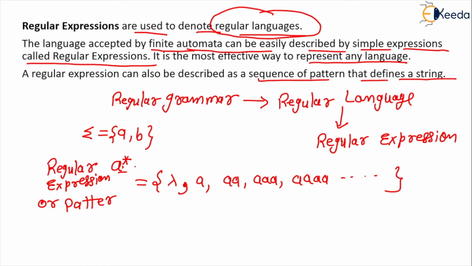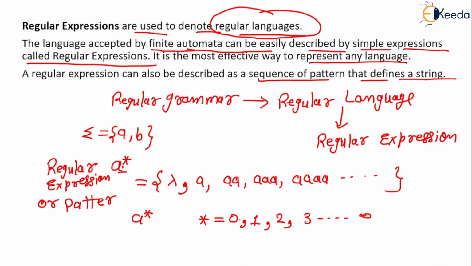So how to design that type of set? We write down here A star. The range of star starts from 0, meaning the value we can put on the star is either 0 or 1 or 2 or 3 or any positive integer up to infinity.